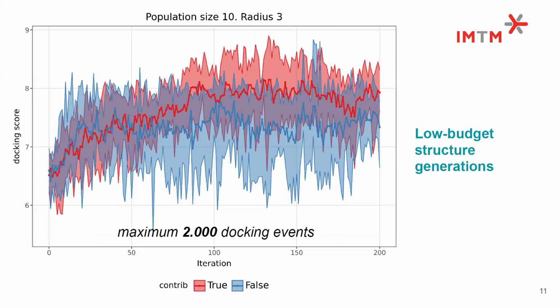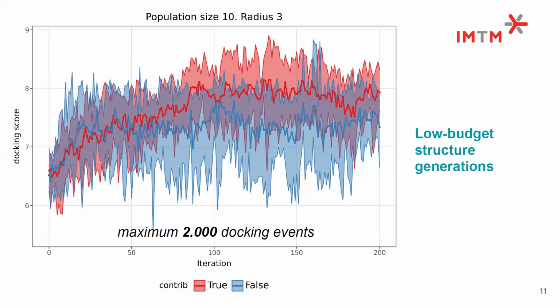So what can we see? We generated just 2,000 molecules, and we could already improve our docking score from 6 to almost 9, which is quite impressive, with the atom contributions. As you can see, the maximum here is almost reaching 9, which is nice.